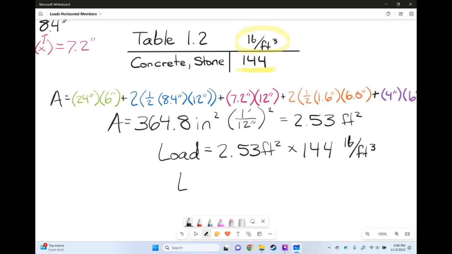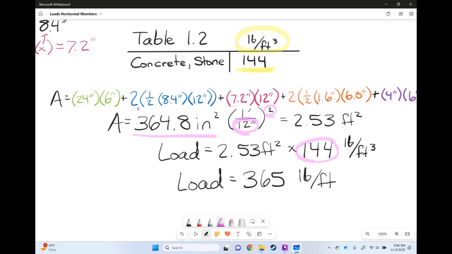And we're going to get that our load is equal to 365 pounds per foot, which is kind of funny that it's also that number right there, but remember we divided by 12 squared, and 144 is 12 squared. So anyway, that was just comically convenient.